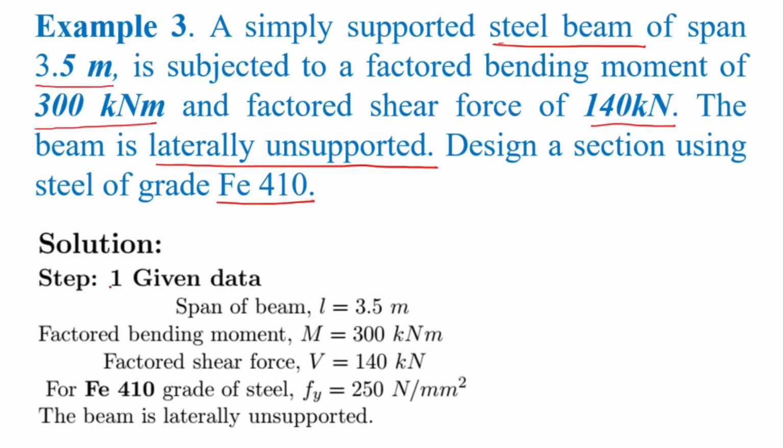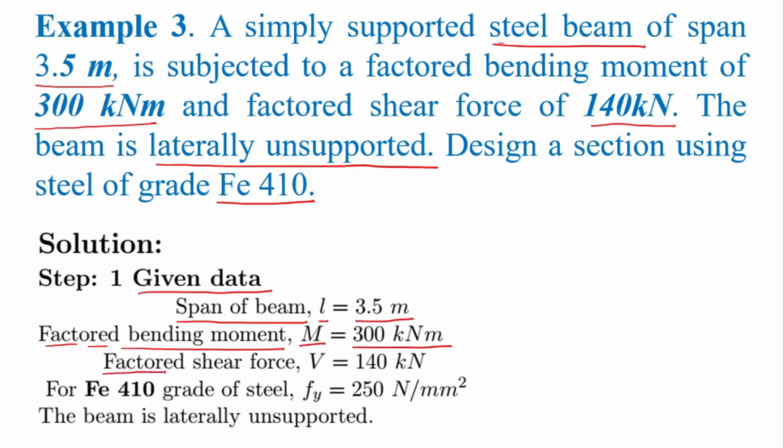As a first step, we shall write down the given data. The span of the beam, which is denoted by small l, is 3.5 meter. Then the factored bending moment, which is denoted by capital M, is 300 kN meter.